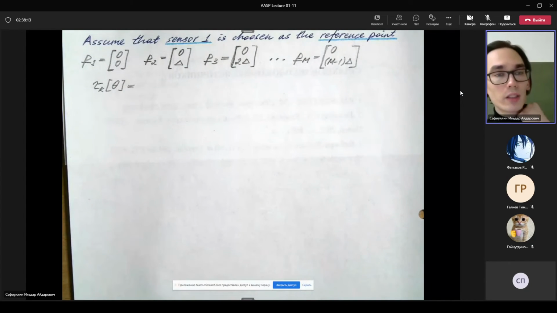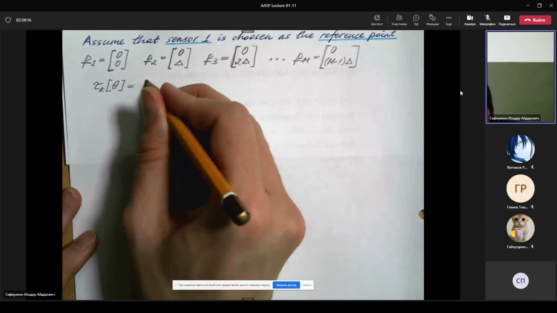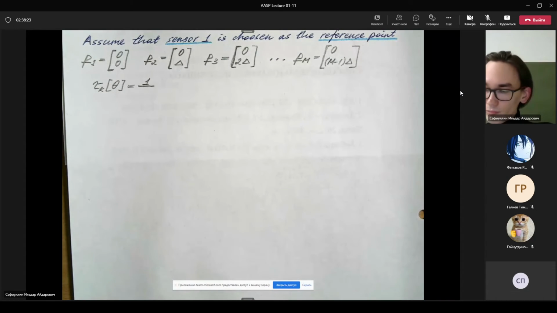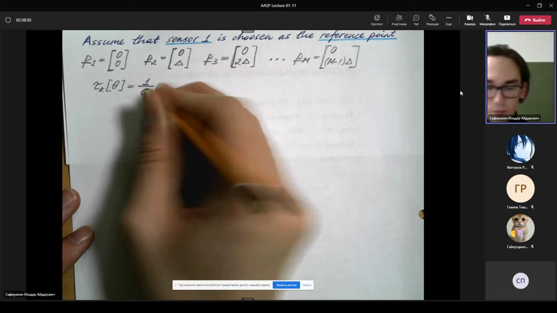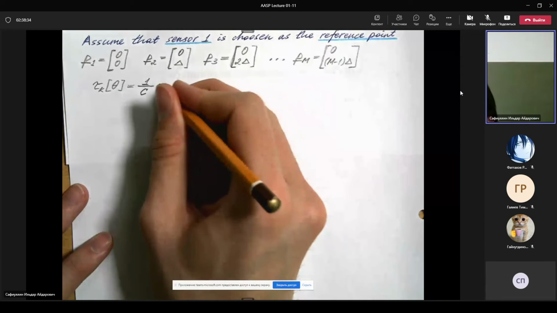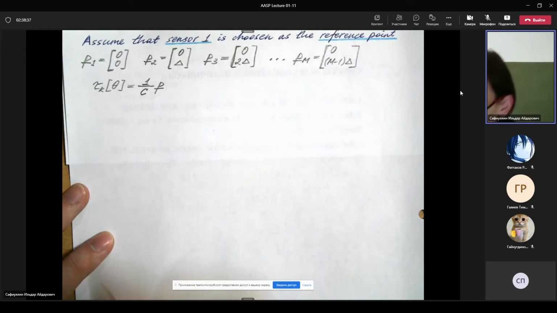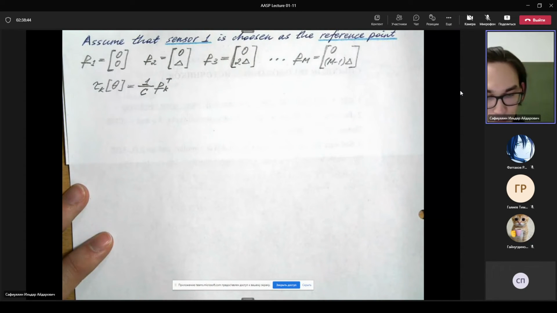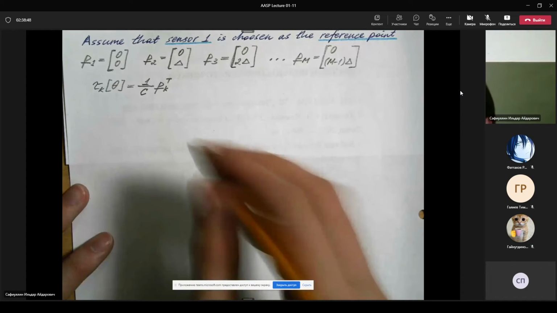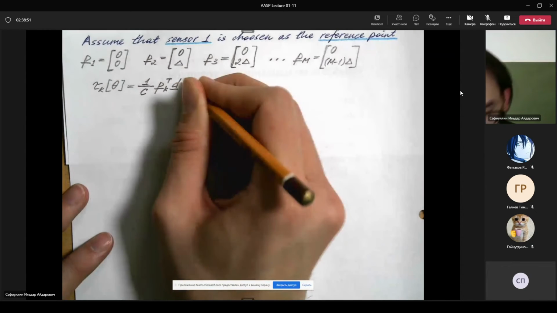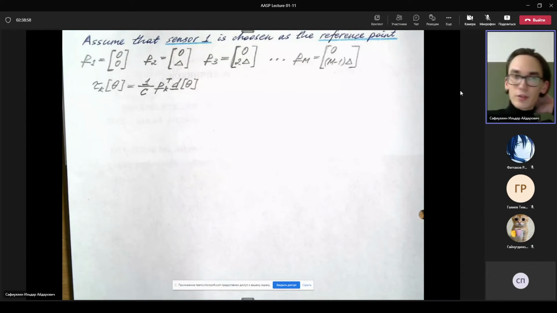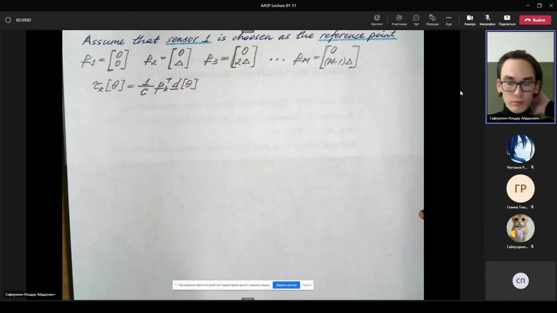So this is equal to 1 divided by the speed of light c, and then we multiply it with vector p subscript k transposed, times vector d, which depends on theta, where d is the direction of propagation.